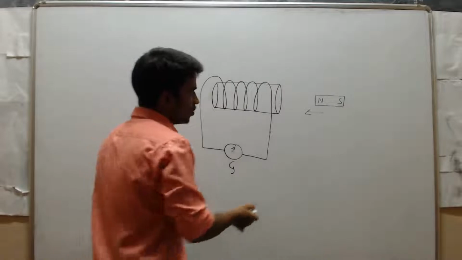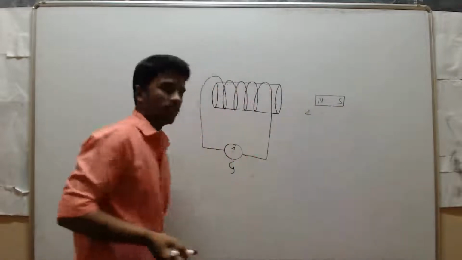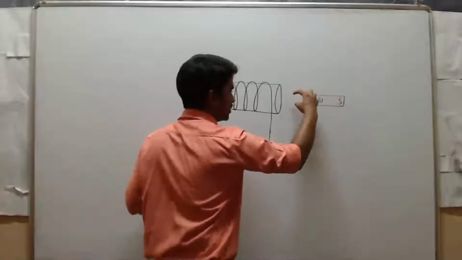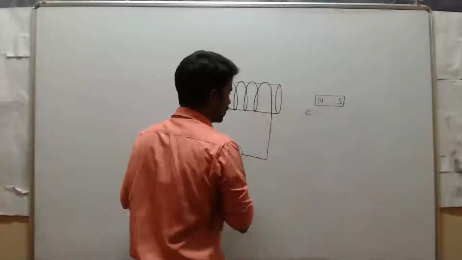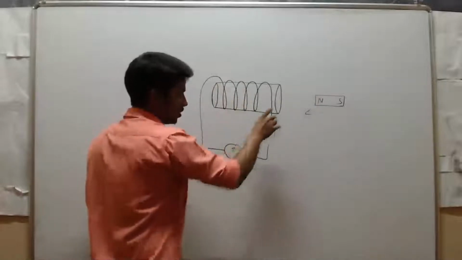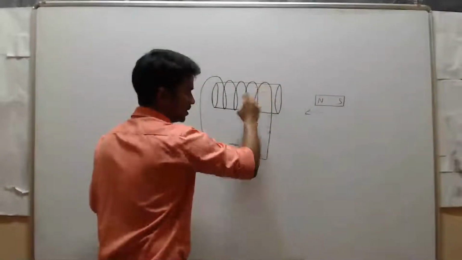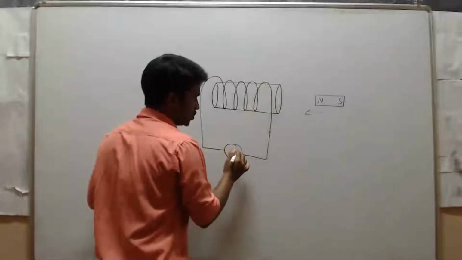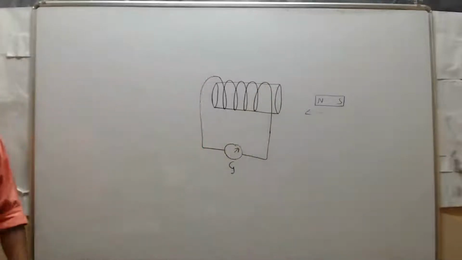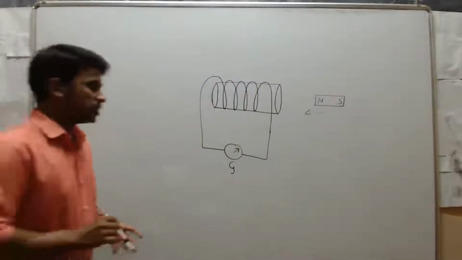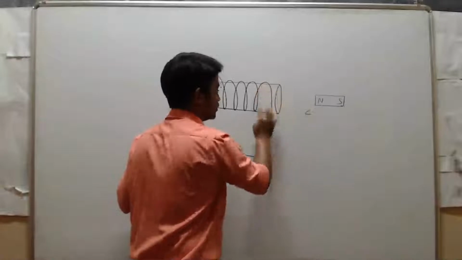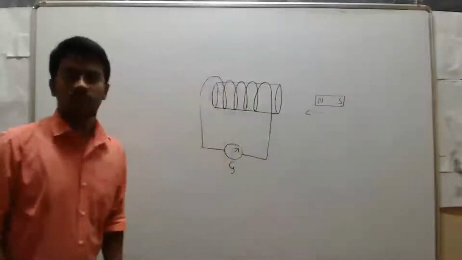When you bring this bar magnet inside this pipe, where these are copper wires, it will show deflections. When it shows deflection, we can say that electric current is generated in this coil.